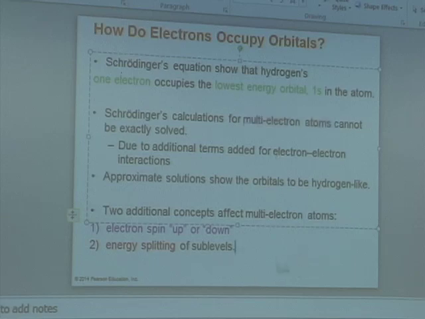But two concepts that we want to at least focus on today are the electron spin, whether it will be spin up or spin down, and how energy levels can be split into different degenerate sublevels.